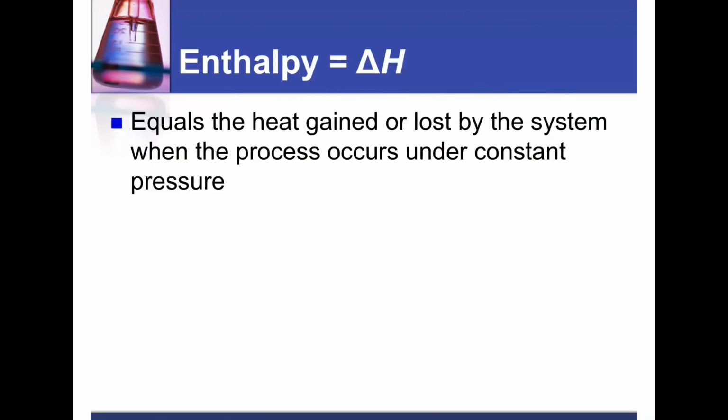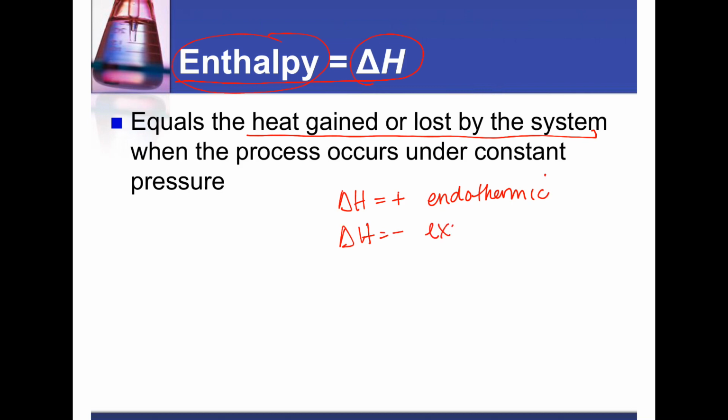So when we put numbers on energy, we call it the delta H, we call it the enthalpy, and that's the amount of heat that's gained or lost by the system. So when delta H is positive, it means that the system gained energy and it is endothermic. When delta H is negative, it's exothermic.